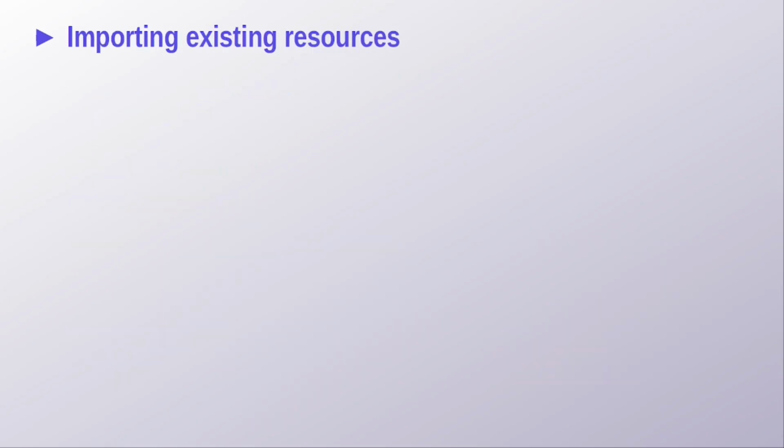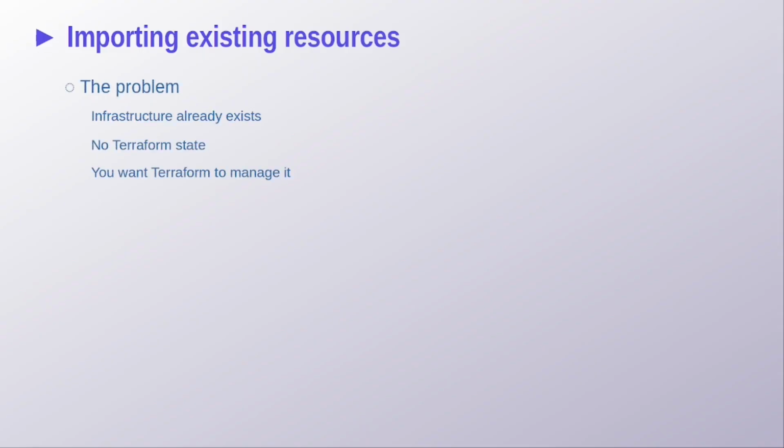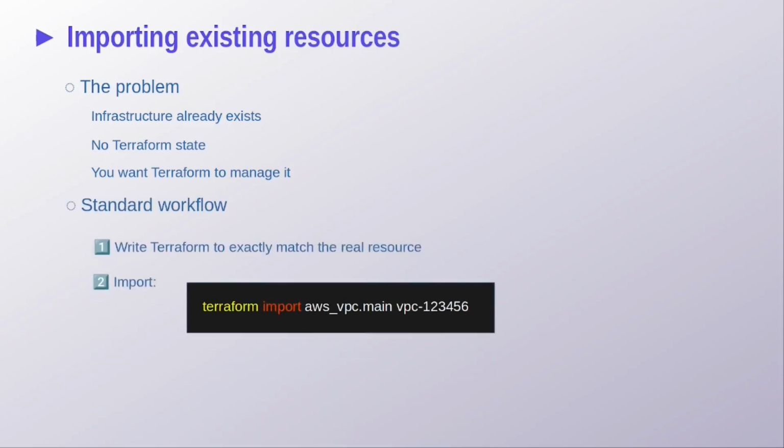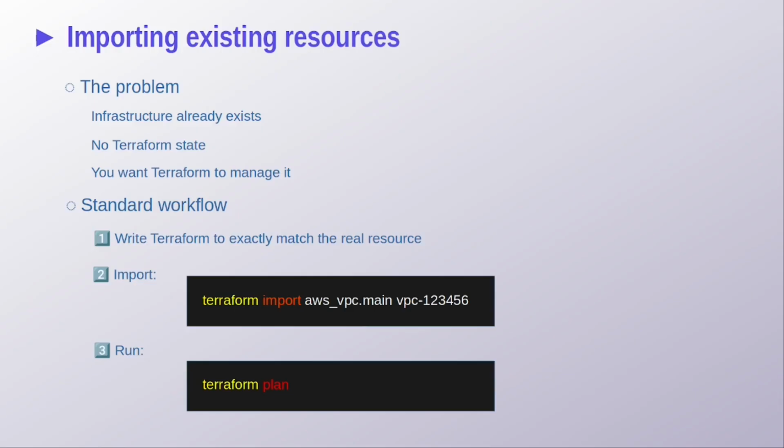Importing existing resources. The situation: you join a company, infrastructure already exists, there is no Terraform state, but you want Terraform to manage it. Correct flow: first, write Terraform code to match the real resource.